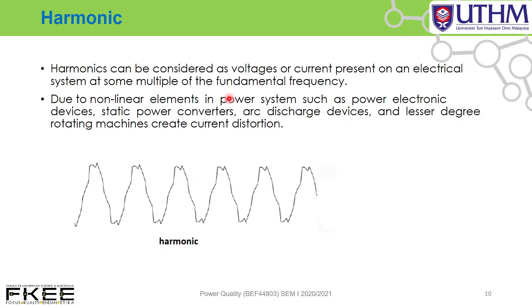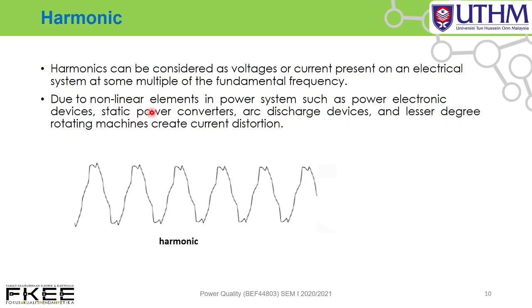Harmonic can be considered as a voltage or current represented in an electrical system at some multiple of the fundamental frequency. It means that in the waveform we have multiples of the fundamental frequency of current or voltage, maybe frequency at the third harmonic, fifth harmonic, and so on.